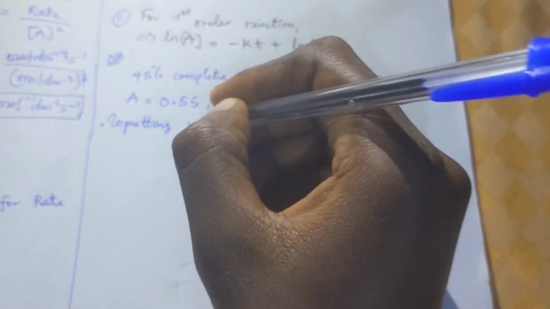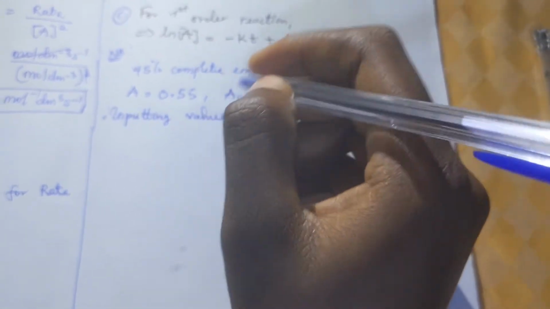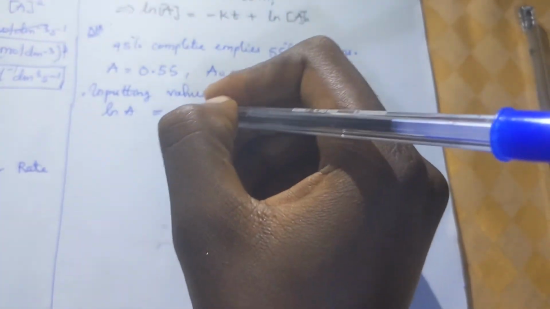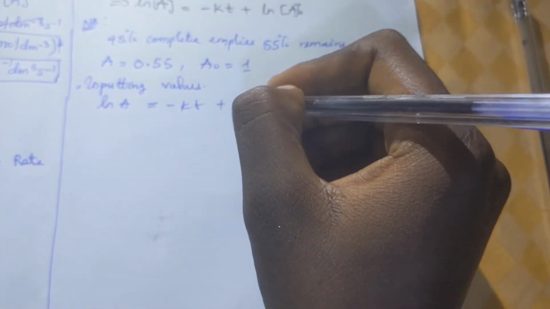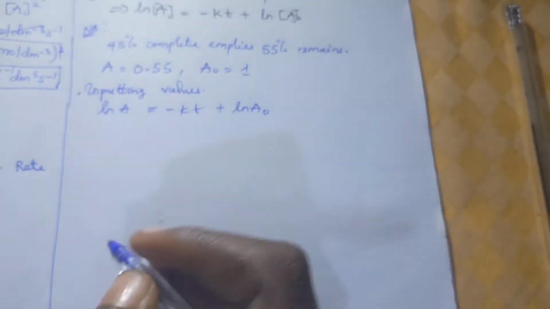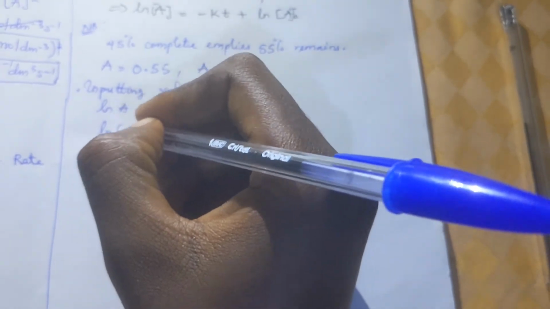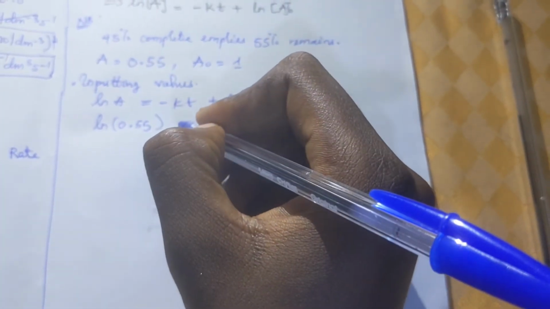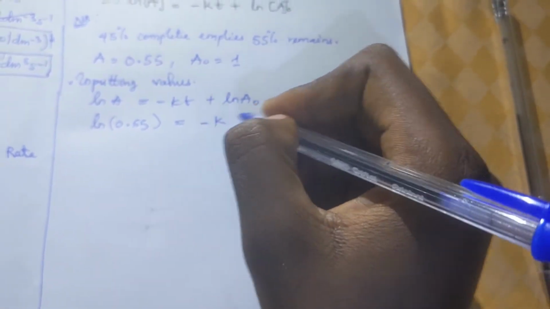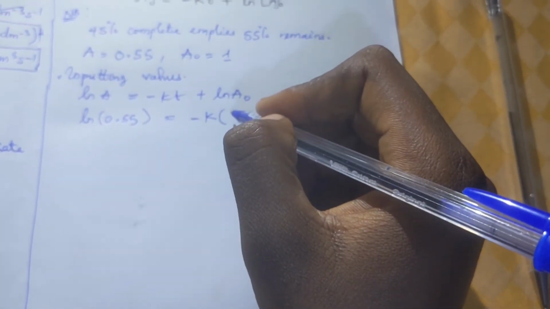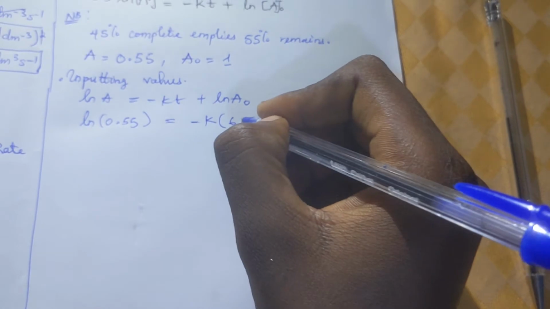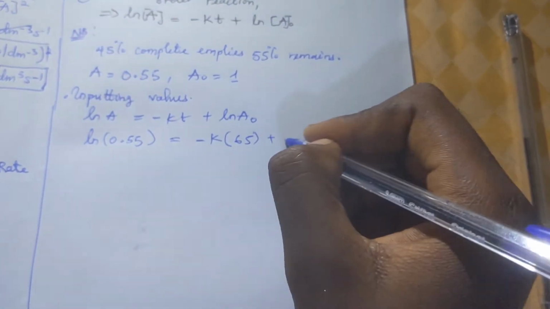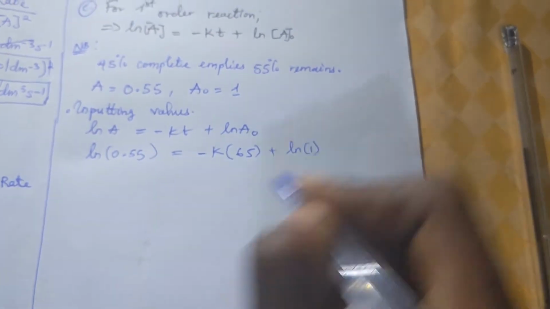So if we are inputting the values, we have ln A equals to negative KT plus ln A0, initial concentration. Inputting the values, we have ln 0.55 equals to negative K into 65, because they said 45% is complete in 65 seconds. So T there is 65, plus ln 1.